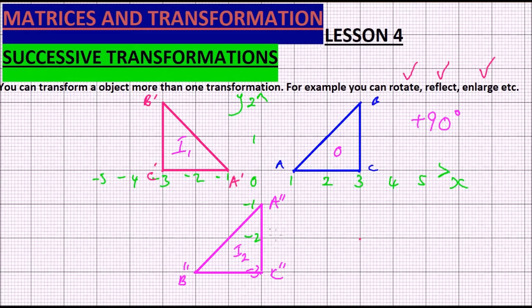And then now we are going to do our other transformation, whereby we are going to enlarge this. Our enlargement factor is minus 1.5, and our center of enlargement, let's take 0 and minus 1. So let's see what happens to our second image after we enlarge it through enlargement factor minus 1.5 and center of enlargement 0, minus 1.